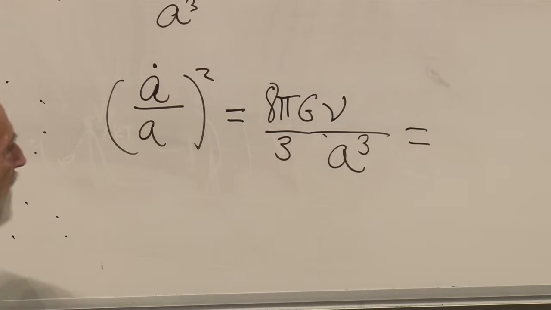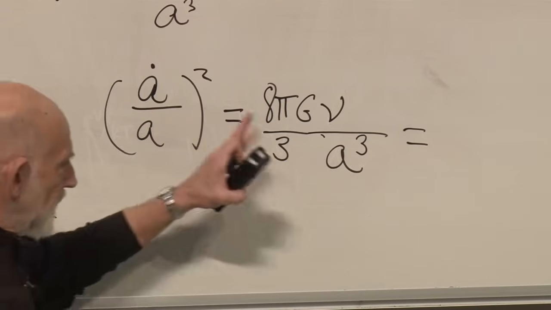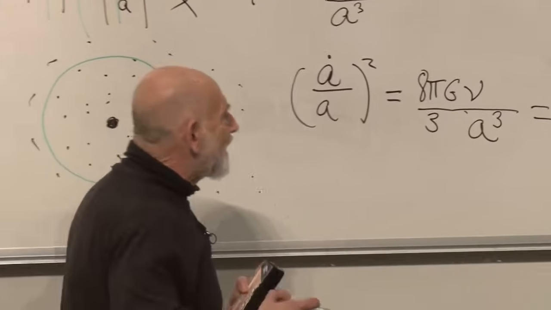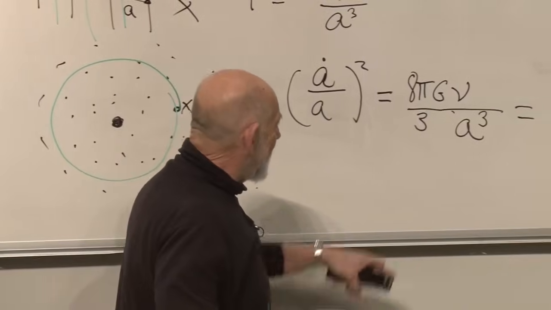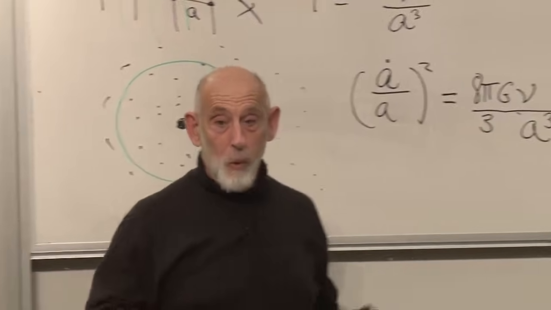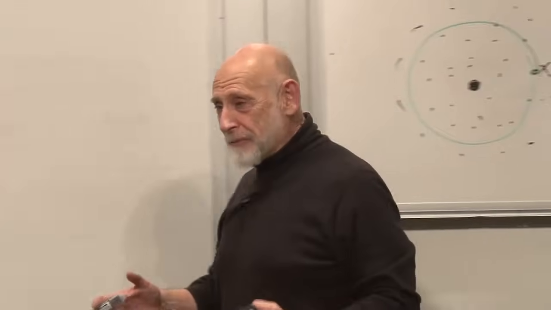In fact, by judiciously changing your definition of the grid, since changing the grid changes the magnitude of nu, I can, if I like, choose 8 pi G nu over 3 to just be 1. It doesn't make any difference.